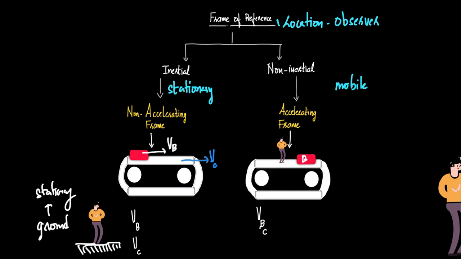To be more precise, where is this man standing? He is standing on the ground. What is he observing? The block or the bag. So what is the velocity? It is the velocity of the bag with respect to the ground. So this is actually VBG. Where is the man standing? He is standing on the ground. What is he observing? He is observing the conveyor belt. So what is this velocity?